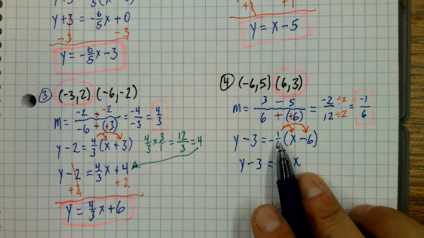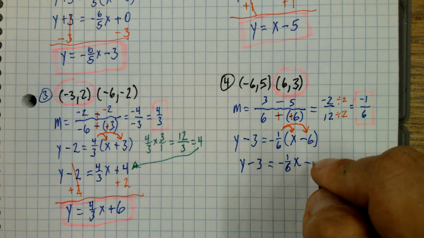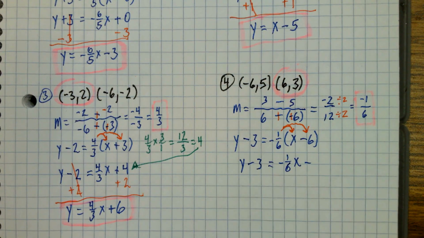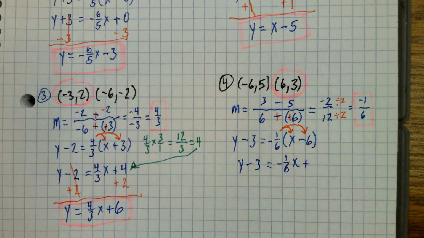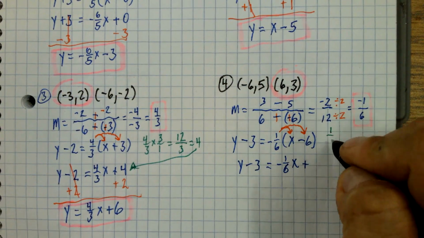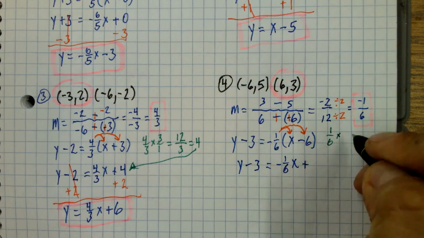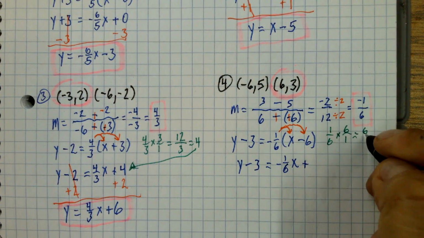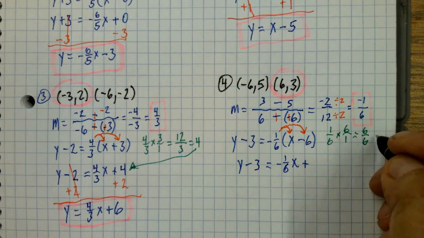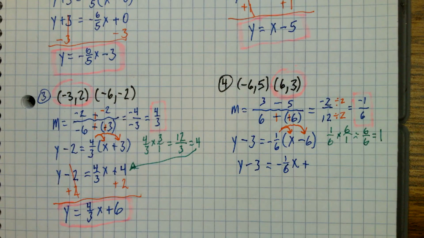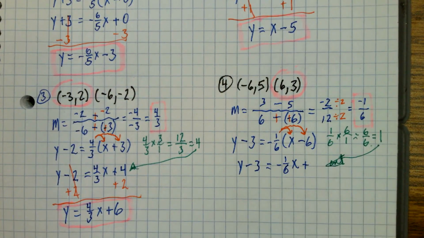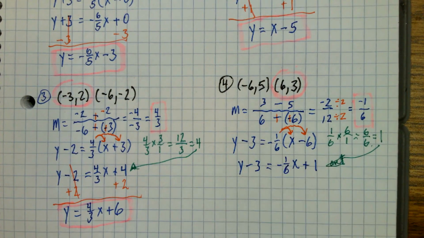I think some of you are already seeing the pattern. Will it be plus or minus? Plus. And it is 1, but let's see why. We're multiplying 1/6 times 6. So I make it 6 over 1. That becomes 6 over 6. And 6/6 is 1. So we put that over here as 1.